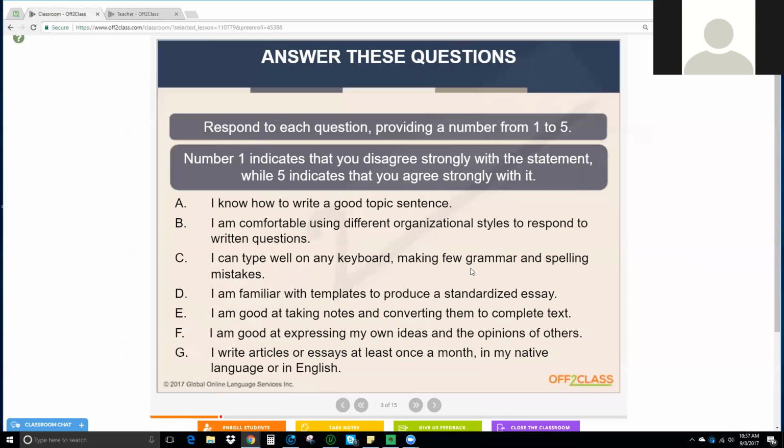Okay, note-taking should be something that you're good at, because you should be able to write some keywords and some short notes and then use that information to write a complete text, a complete response.